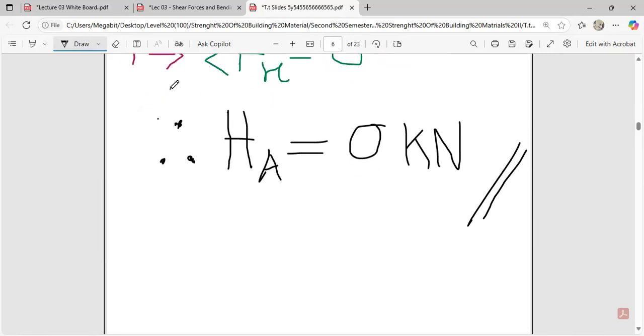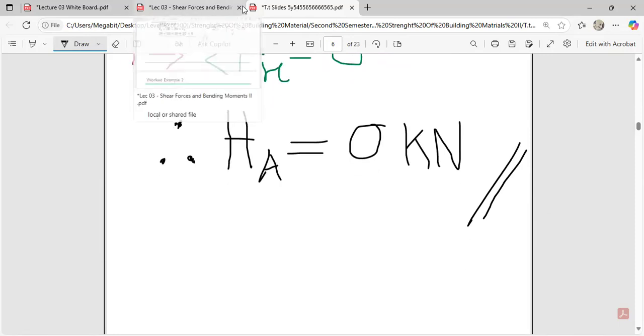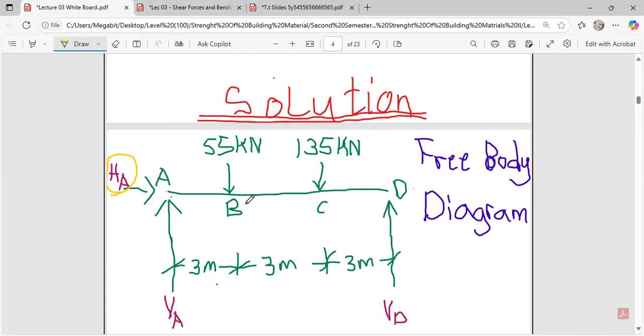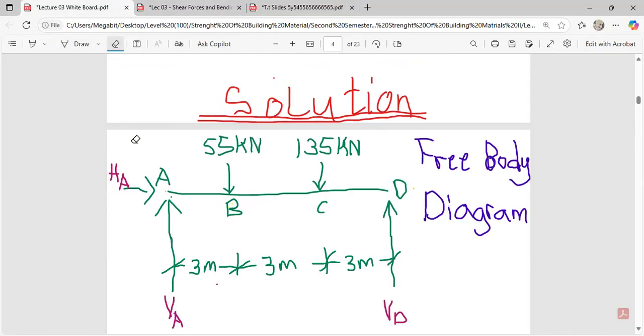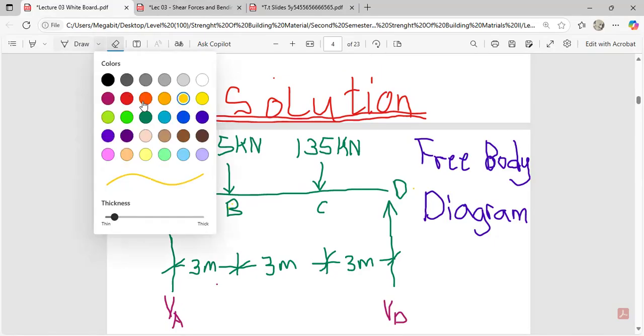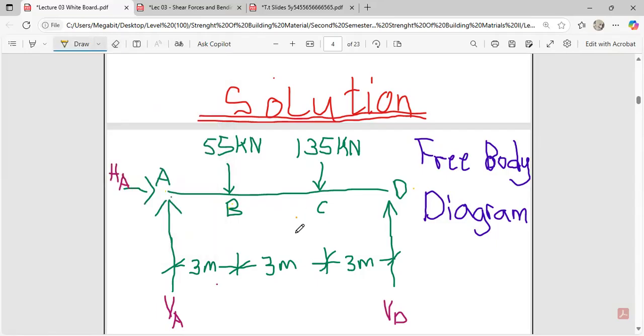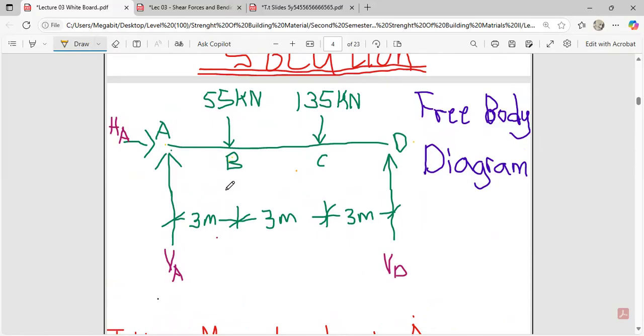Let's come and consider all the vertical forces. Okay, so from there we come over here. What are some of the vertical forces we have over here? Let's all take a look. How many vertical forces do we have over here? You realize that we have a total of 4.